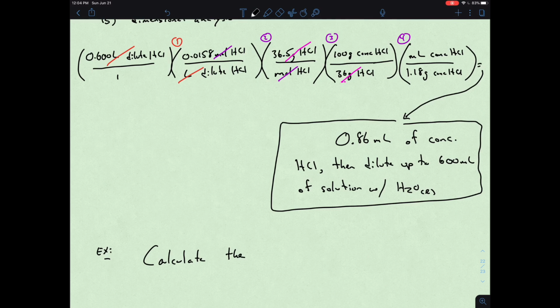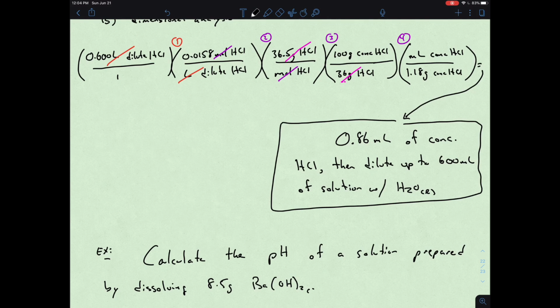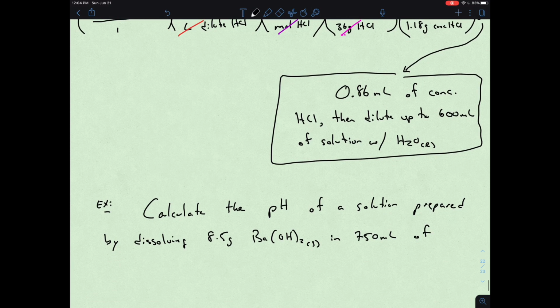So we want to calculate the pH of a solution that's prepared by dissolving 8.5 grams of barium hydroxide in 750 milliliters of aqueous solution. So there's our question here.